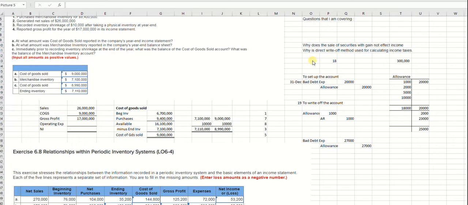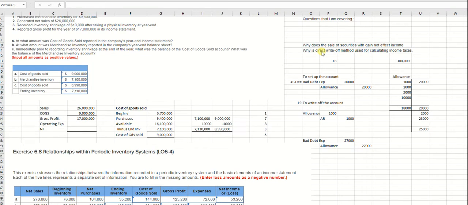I don't know for 100% why the IRS uses the direct write-off method instead of the allowance method, but it's generally assumed it's because the allowance method uses an estimate, and the IRS would prefer to not use an estimate, so they say you can only write off an account once you 100% know who it is and what account you're writing off. So they would have to file bankruptcy before the IRS would let you write it off. So it's more knowable, is my guess on it.